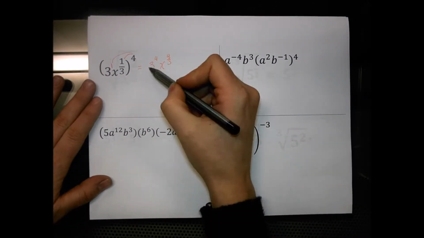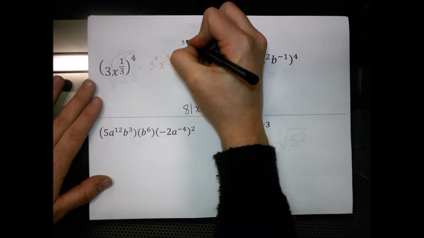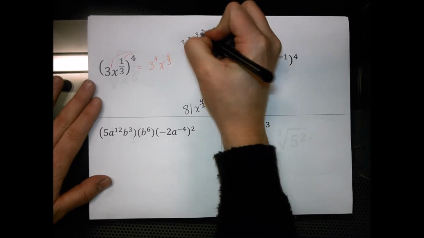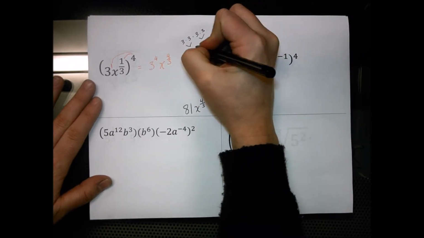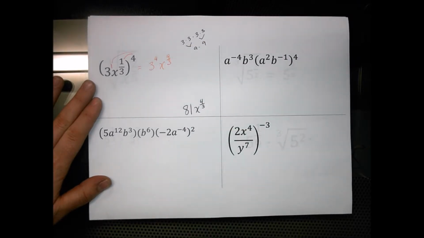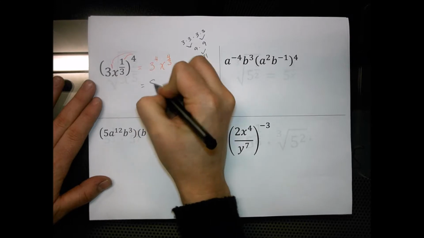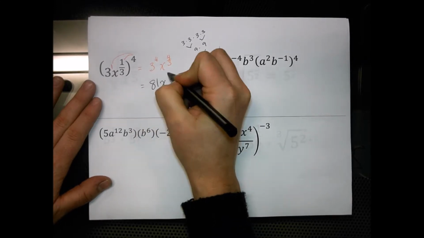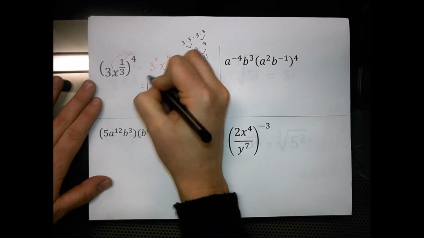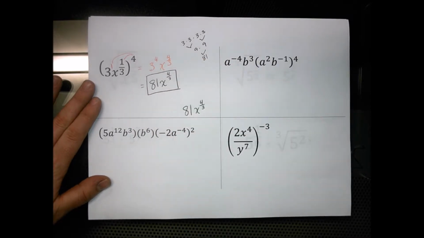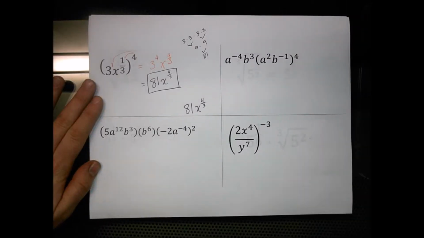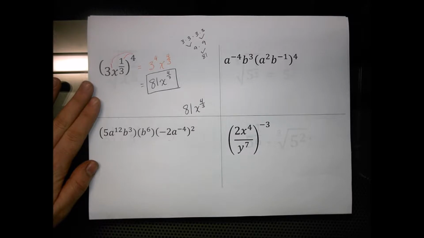And then 3 to the 4th is just 3 times 3 times 3 times 3, which gives you 9 times 9, which is 81. So 81 x to the 4/3 is your answer in exponential form.